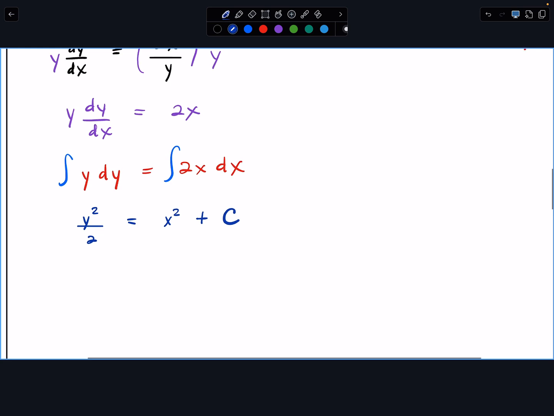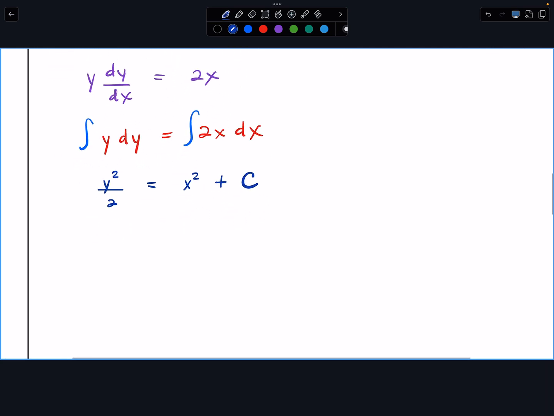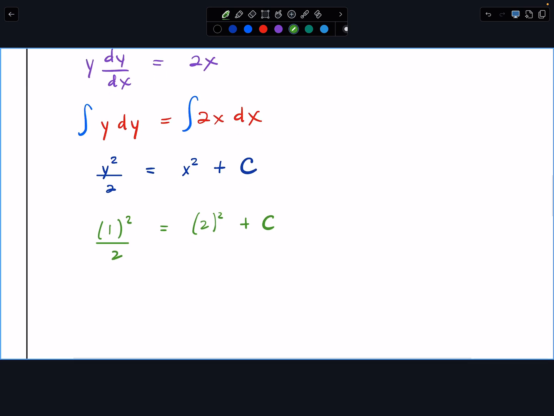This would be a good time to plug in your initial condition. So what was my initial condition? What am I going to plug in for x? 2. And what am I going to plug in for y? 1. Wait, is that right?